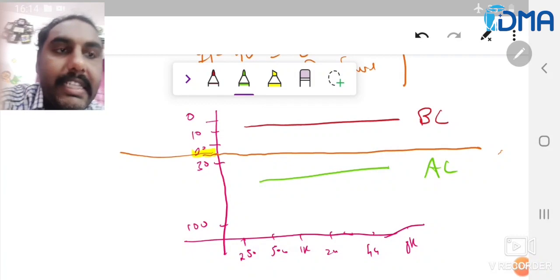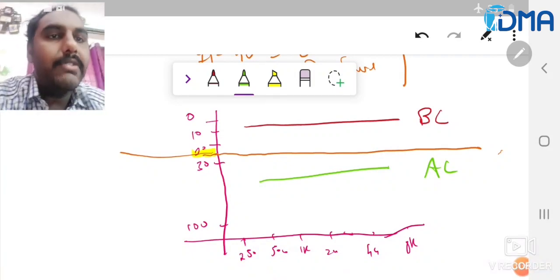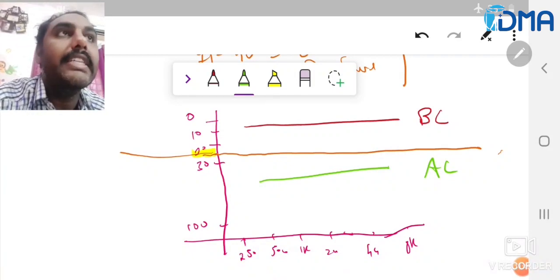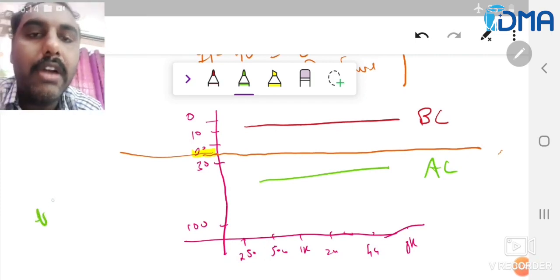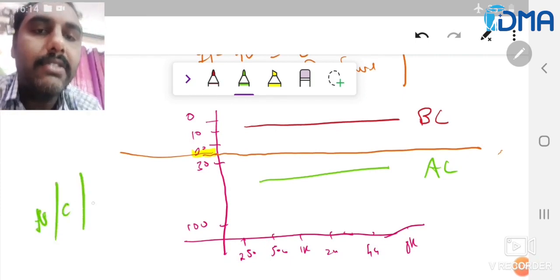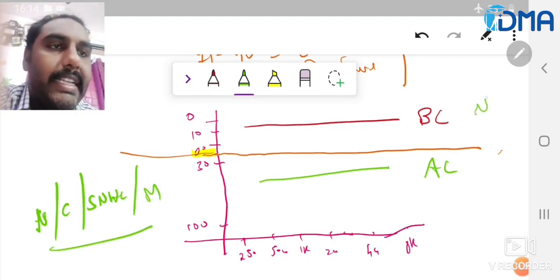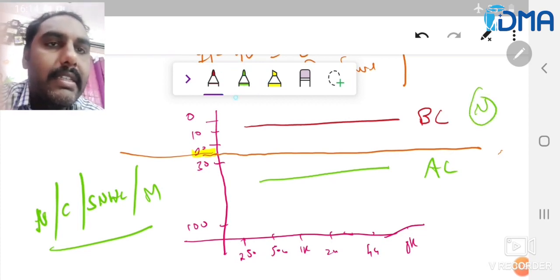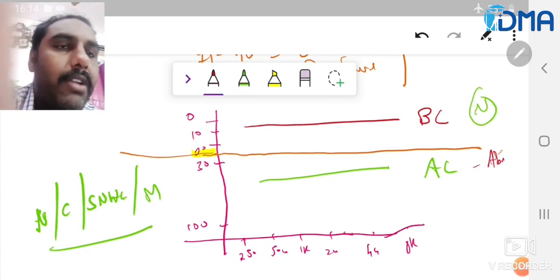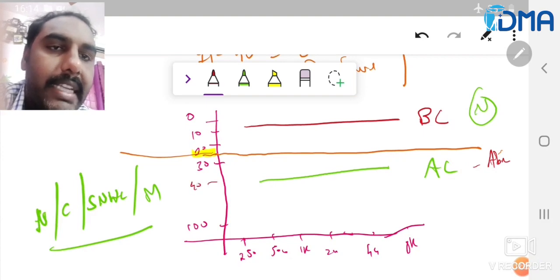Now in this graph, if they give a graph like this, what is the type of hearing, whether it is normal or conductive or sensory neural or mixed? So here the bone conduction is in the normal range, the air conduction is in the abnormal range, something like a 40 decibel range.